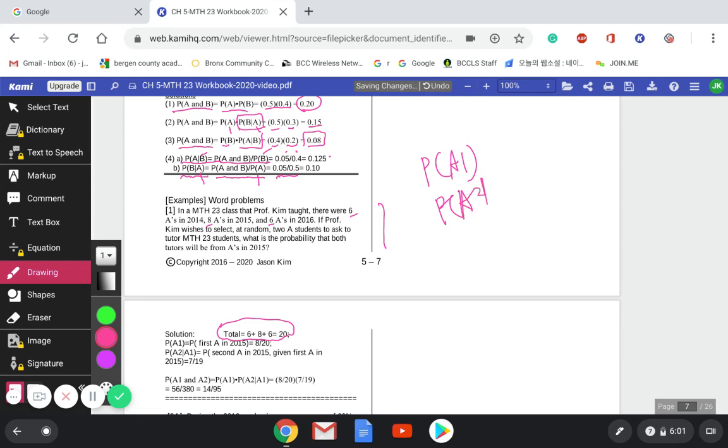So let's assume that it's A1 and A2. So probability of A1, the first A in 2015, would be, since there are 8 people who got A in 2015, 8 out of 20.